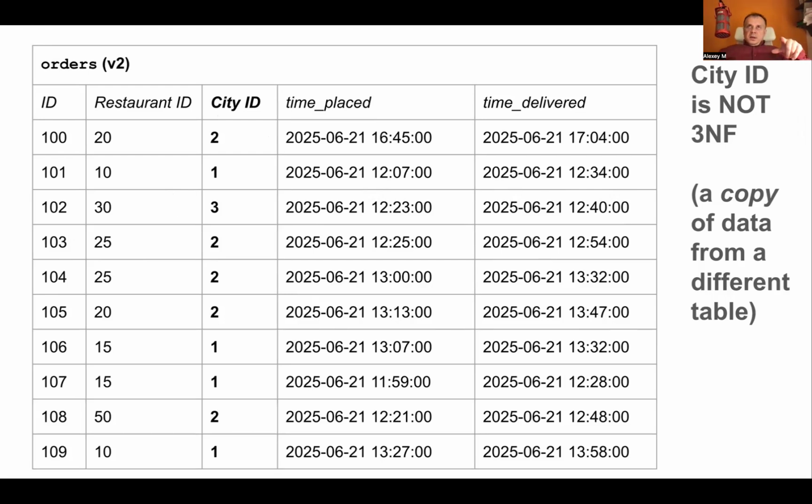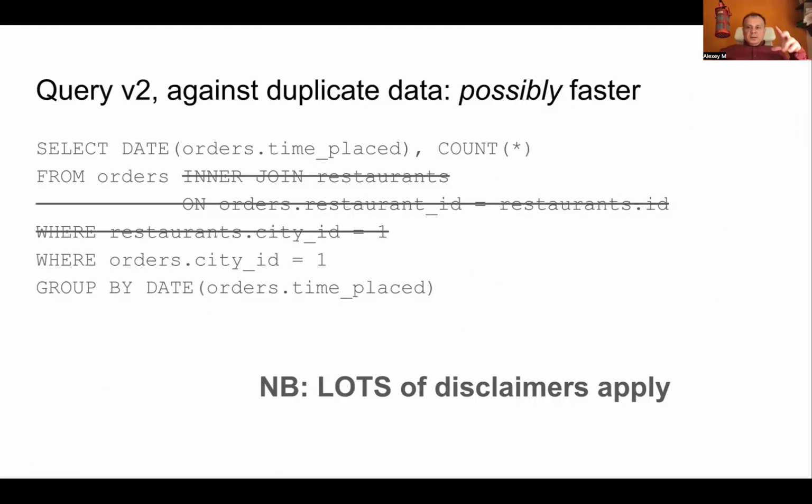But now we can change the query and remove the join. So now we can directly filter by where orders.city ID equals 1. The rest of the query is the same, grouping by date part of the time placed and so on.